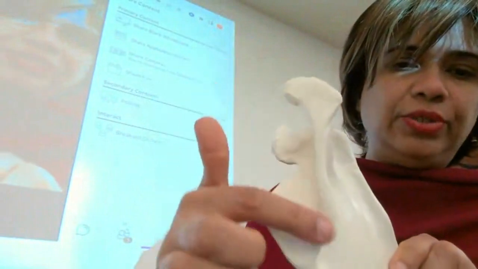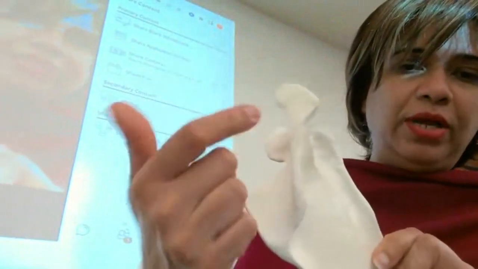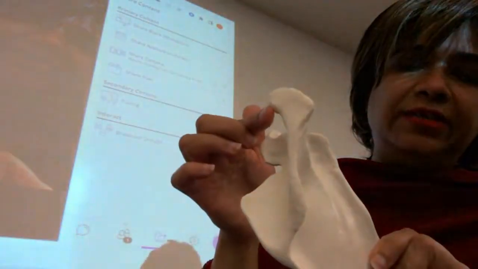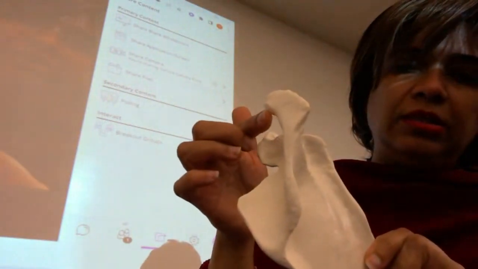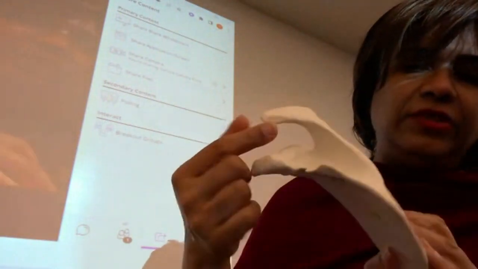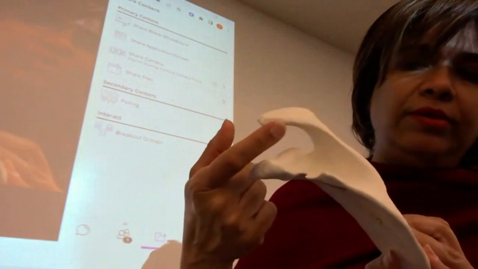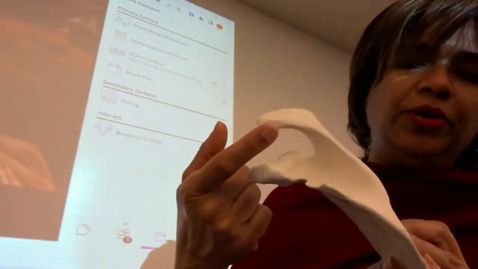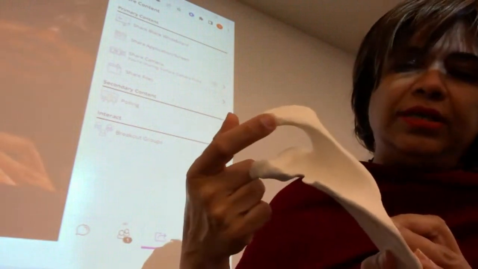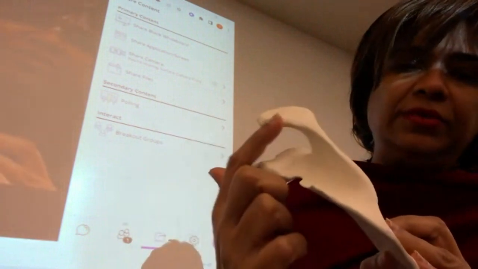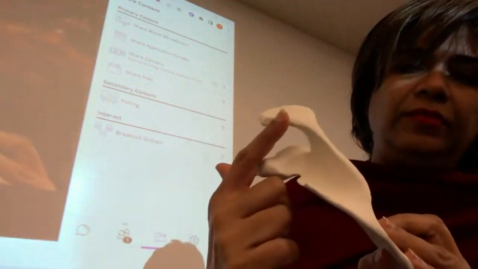Acromion process attached to the spine of the scapula. Do you see this flat surface right here? This flat surface is your acromioclavicular facet that makes the acromioclavicular joint, this right here. And you can see it, it's pretty flat. This is where it is, okay?